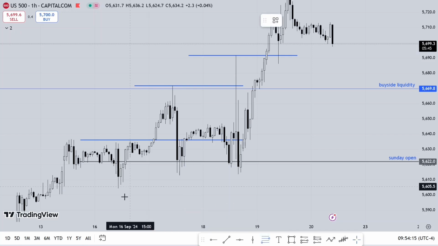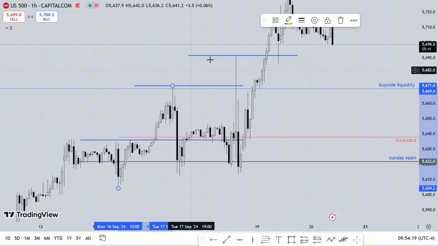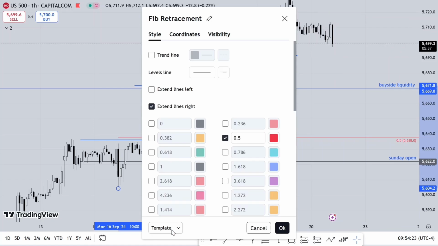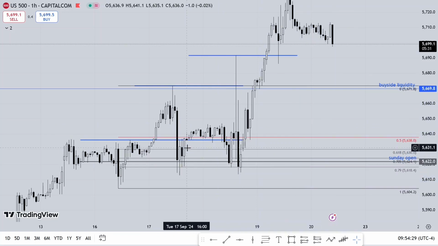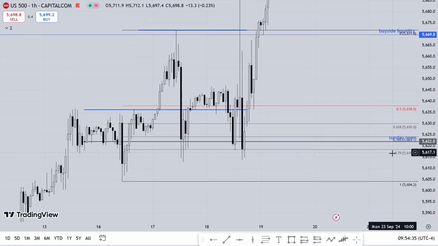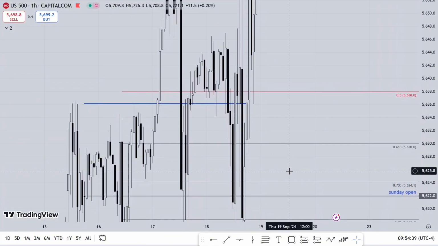If you take your fib from this low to this high, and then you input the OTE, you see here you have the optimal trade entry 0.618, and these other levels 0.705 and 0.79. So these are the sweet spots.